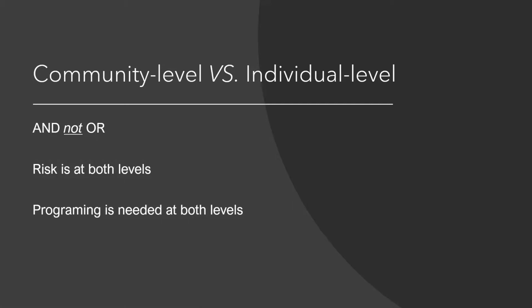We need to address both of these at the same time in order to move the needle on maltreatment, and actually to move the needle on any of these health risk factors that we're going to be talking about. We need programming at both levels, and from a strategic planning perspective, for those of you who are on the ground in the community, you should be thinking about both of those levels too. How do you change your culture in your community, as well as impact individuals who really need to be impacted?